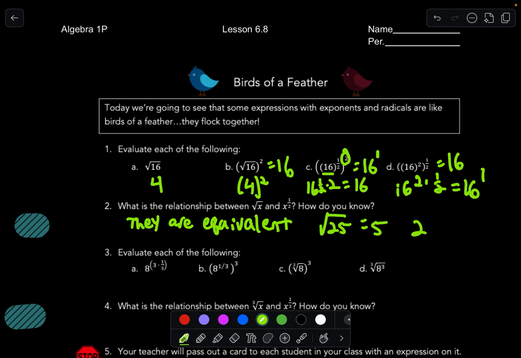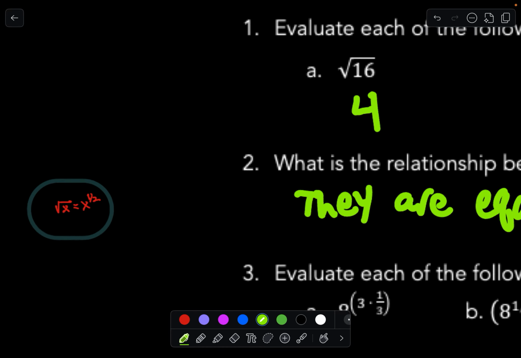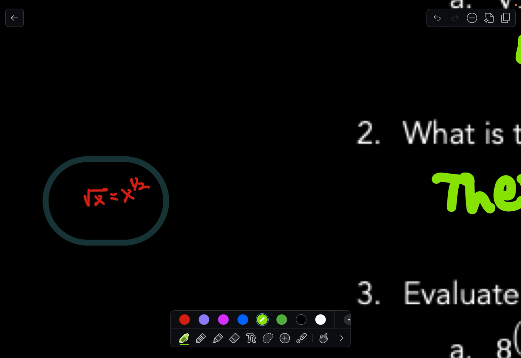But if I ask you what 25 to the 1/2 power is, you aren't used to seeing it written like this, but knowing that 25 is 5 squared, that's 5 squared to the 1/2, equals 5. Notice it gives you the same output. So that's how you know that they are equivalent. Okay, so square root of x is the same thing as x to the 1/2 power.